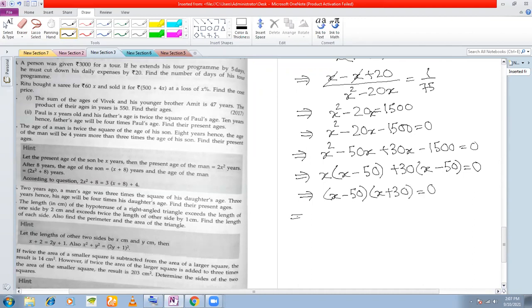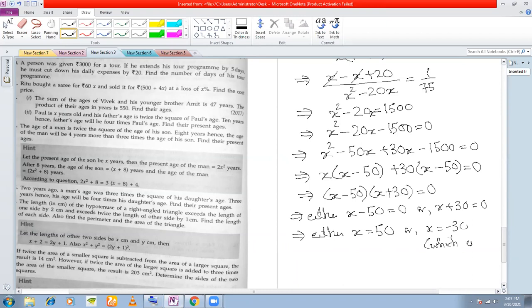So either x minus 50 is equal to 0 or x plus 30 is equal to 0. The first one will give you x is equal to 50. And the second one will give you x is equal to minus 30, which is not acceptable as the number of children cannot be negative.